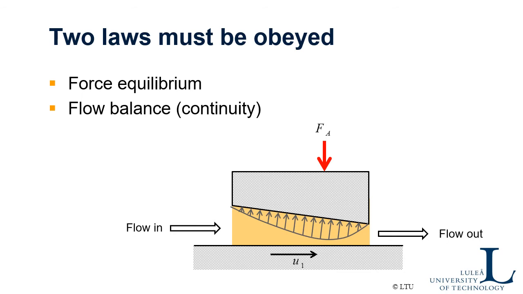Now remember, this is a model bearing, and so it's an infinitely long bearing. But it's the same for a finite length bearing too. The flow in must be the same as the flow out, even if the flow can also flow out in the direction towards yourself and away from yourself.